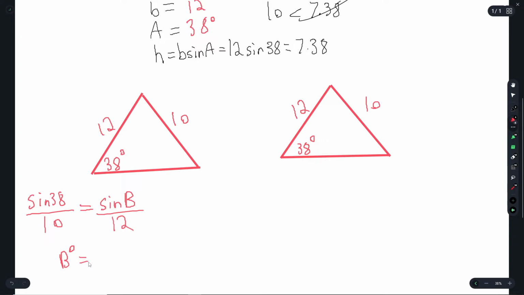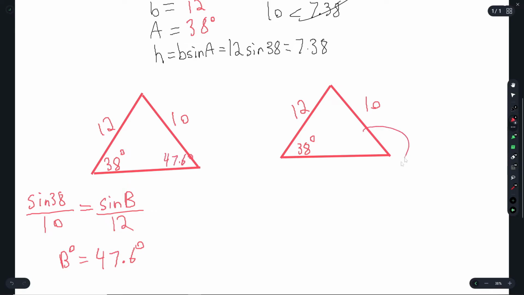I'll need to do it on my calculator: sine 38 over 10 equal to sine x over 12. You'll get 47.6 degrees. So this will be 47.6 degrees.